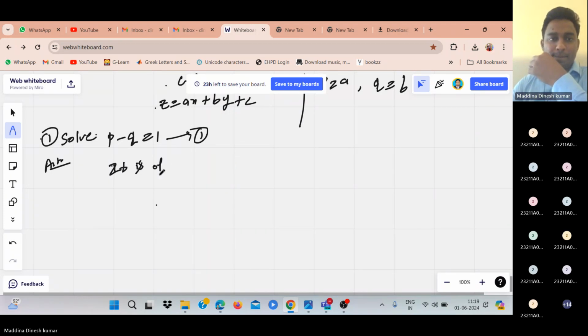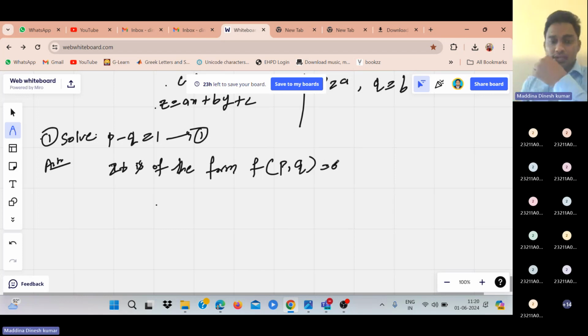It is of the form f of p comma q equal to 0. Then the complete solution is z equal to ax plus by plus c.